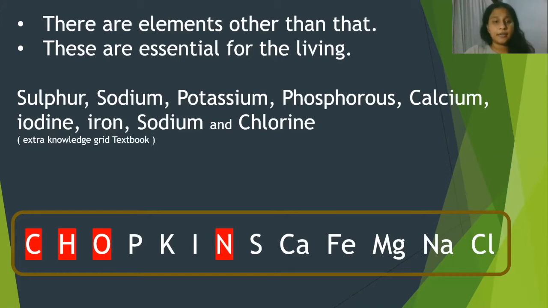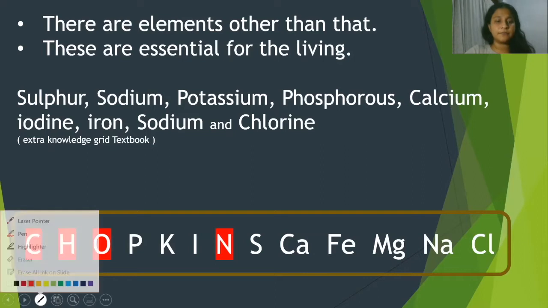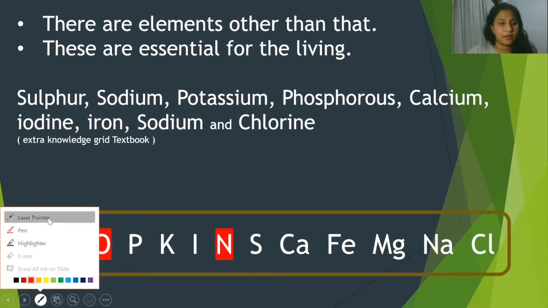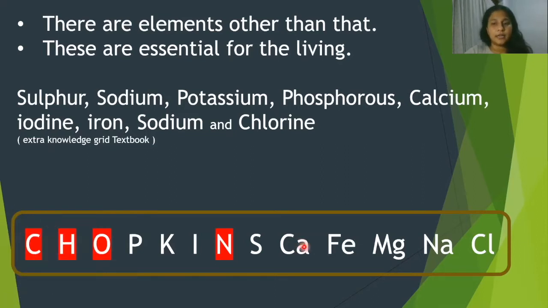Here I have made a chart for this, not a chart actually, but a small trick for y'all to remember all these elements, including the main components. The main elements are carbon, hydrogen, oxygen, and nitrogen. I have highlighted that, and these are the rest of the elements.